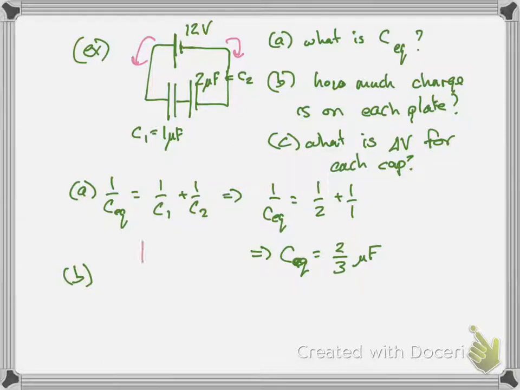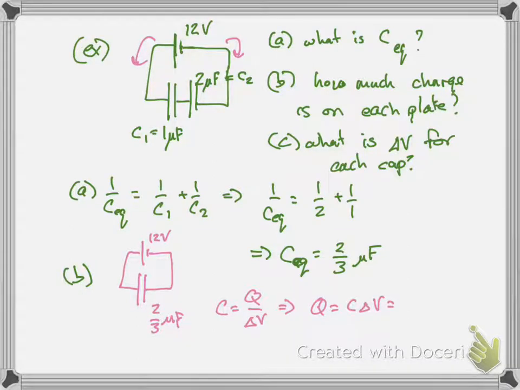So we can say, we have an equivalent capacitor, and this is 12 volts, and this is 2/3 of a microfarad, and the amount of charge on these plates is C equals Q over delta V, so therefore Q equals C delta V, which is 8 microcoulombs.